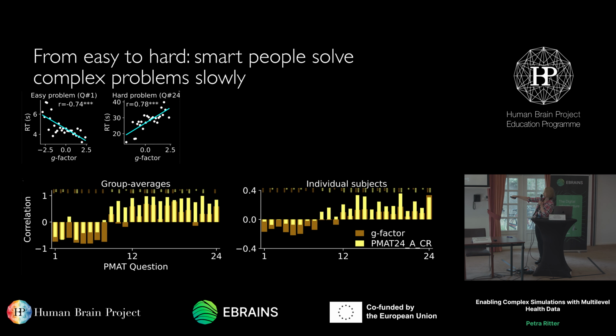So more intelligent people, they are faster in reacting to easy problems. But then when the task got more difficult, the correlation was inverse. So the more intelligent people, according to the G factor and the fluid intelligence test result, they took more time, longer reaction time.